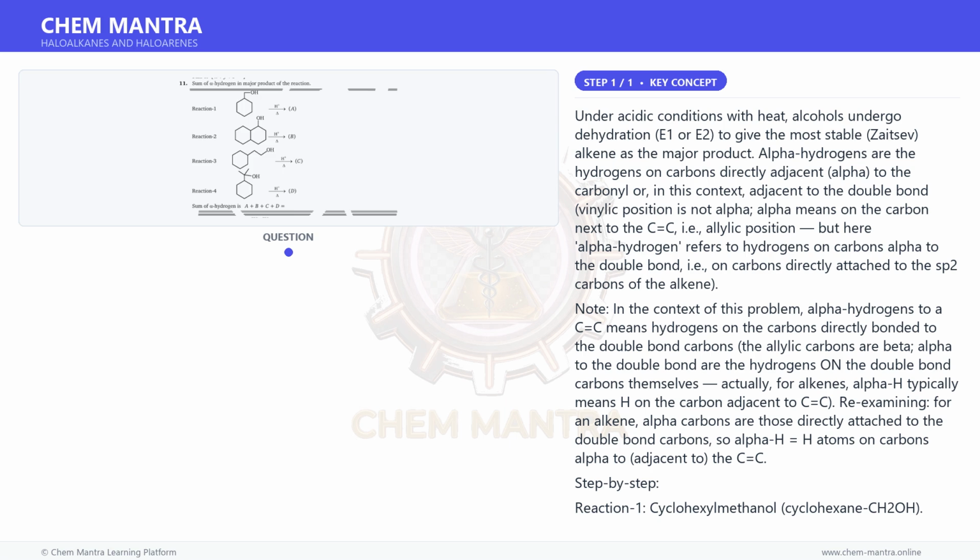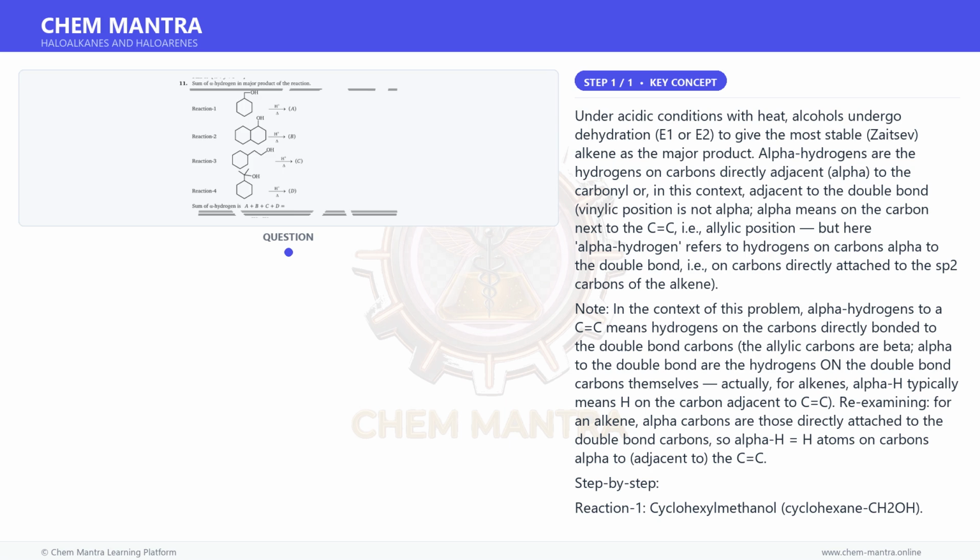Alpha means on the carbon next to the C=C, i.e., allylic position, but here alpha hydrogen refers to hydrogens on carbons alpha to the double bond, i.e., on carbons directly attached to the sp2 carbons of the alkene. Note, in the context of this problem, alpha hydrogens to a C=C means hydrogens on the carbons directly bonded to the double bond carbons.